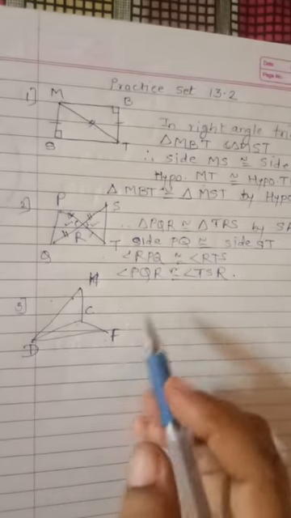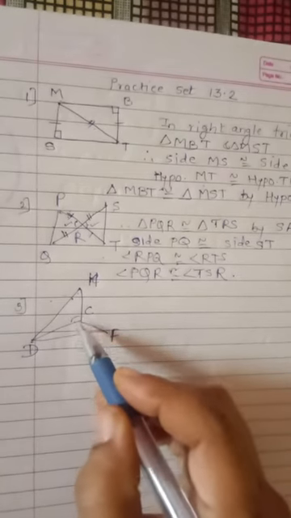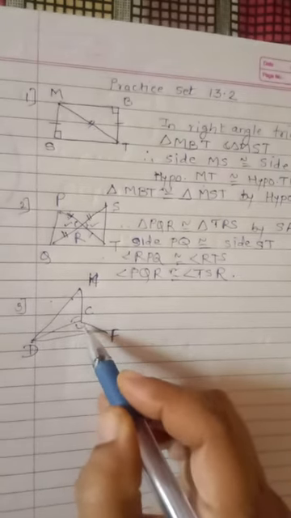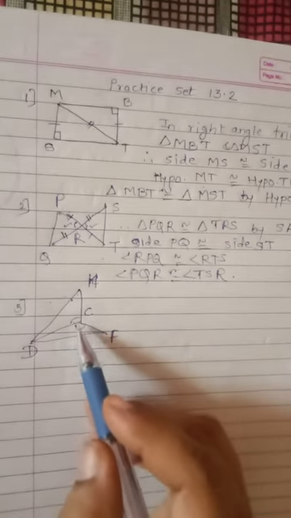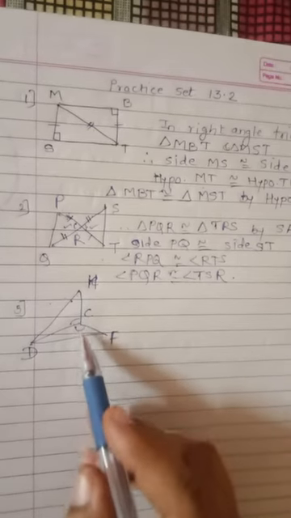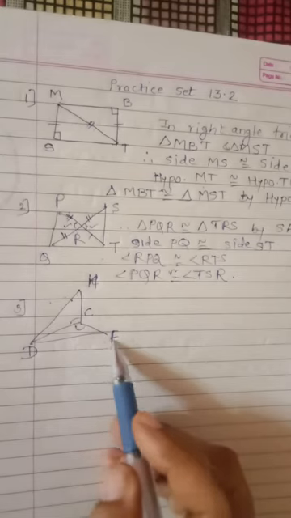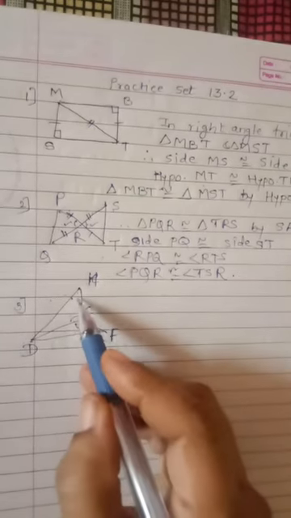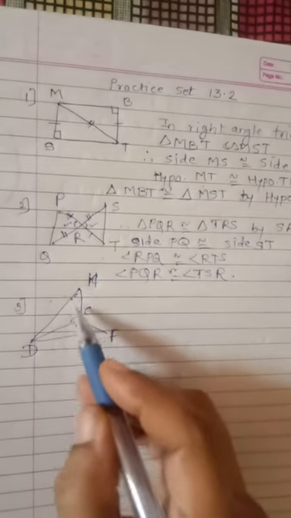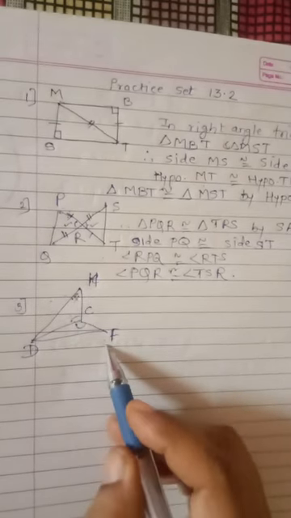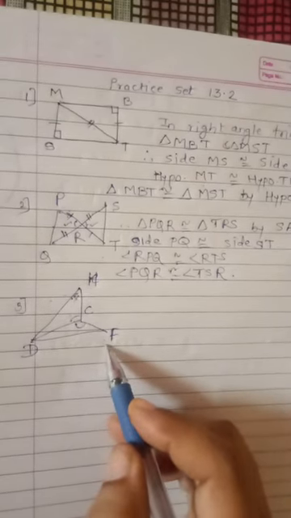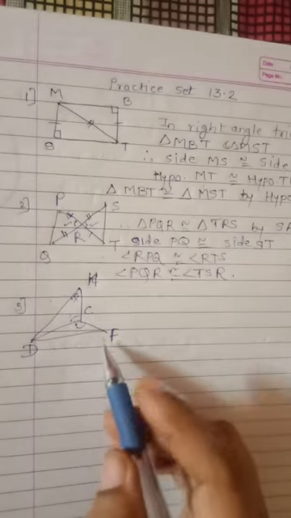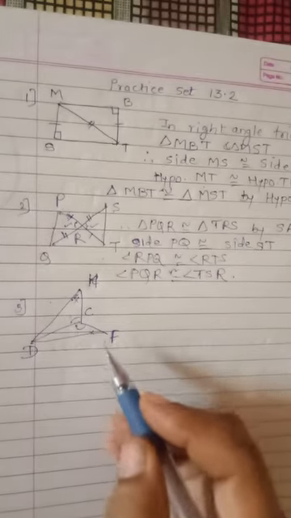In this, which angles are given congruent? This angle DCH is congruent to angle DCF. This is given. Again, this angle DHC is congruent to DFC. This is also given.